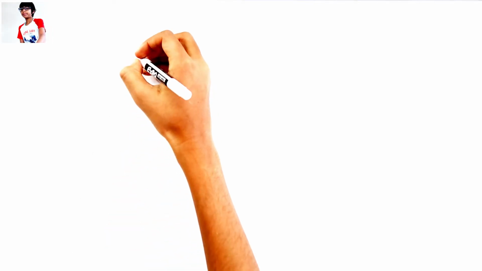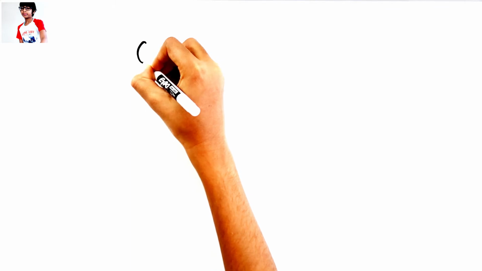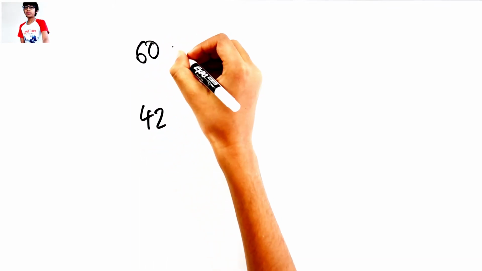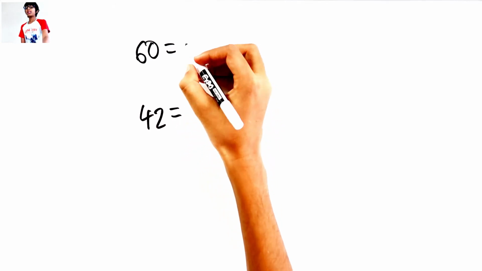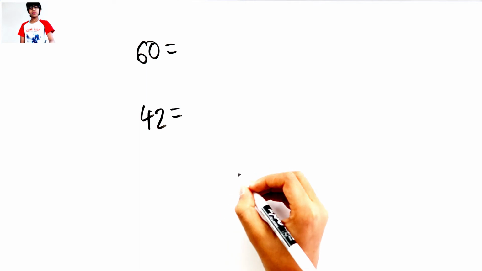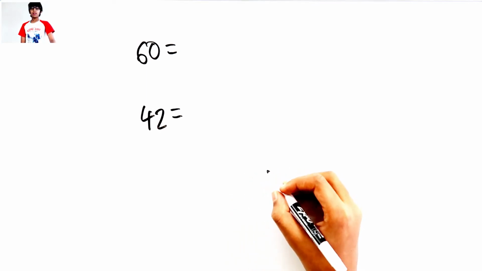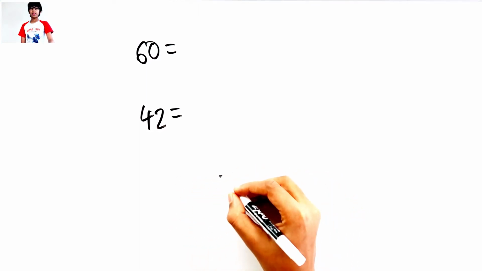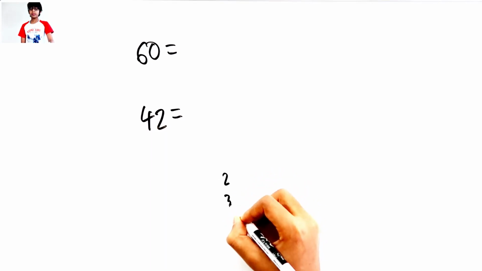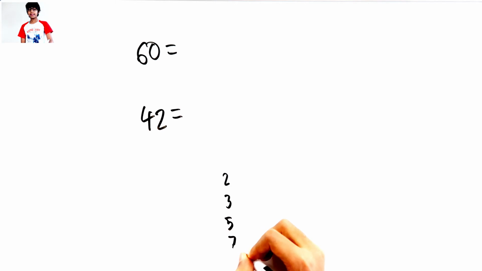Now, let's take 60 and 42 again. Now, let's find the prime number factors of 60. So first, let's write the prime numbers from 1 to 10. 2, 3, 5, and 7.